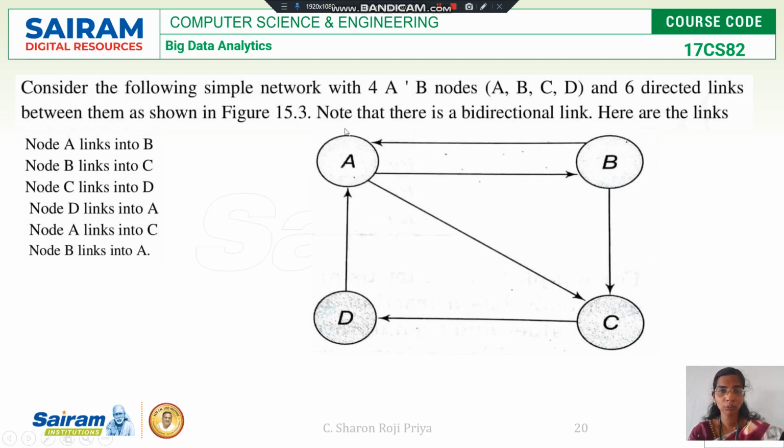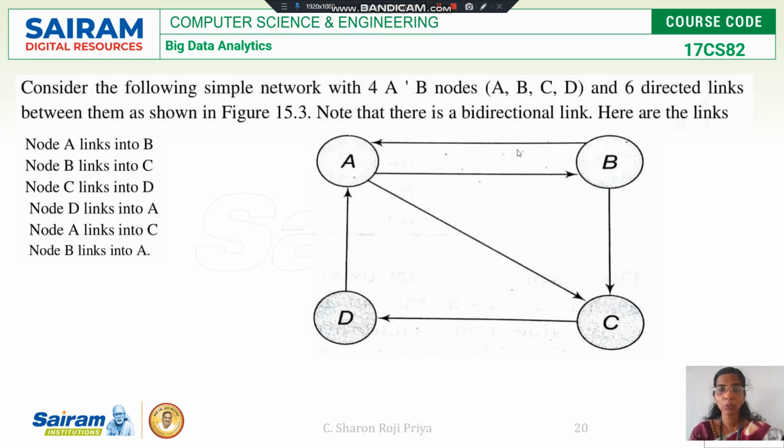If you look at node A, node A has 2 outgoing edges, to B and C. So I can say the influence of node A is shared by B and C. Since A has only 2 outgoing edges, half the influence of A is shared by B and the other half is shared by C. So node B takes half the influence of node A and node C also takes half the influence of node A.